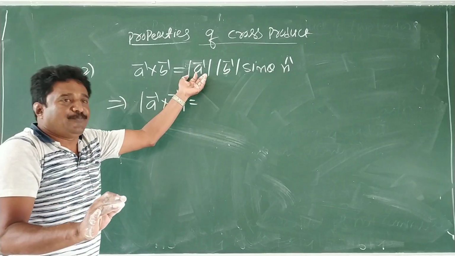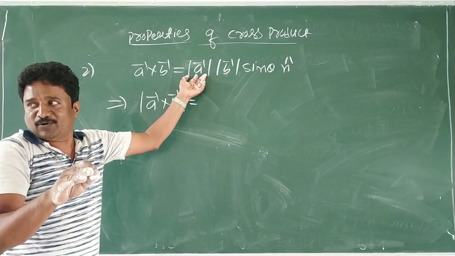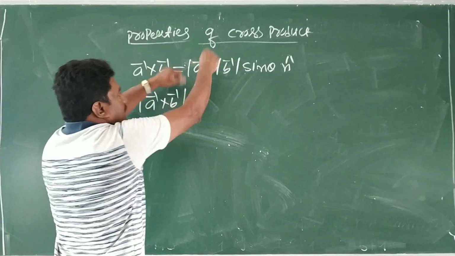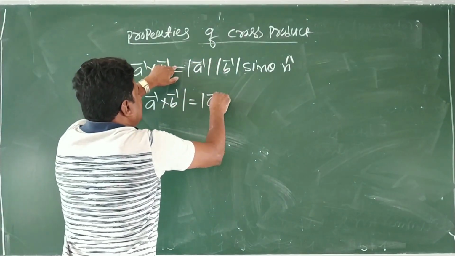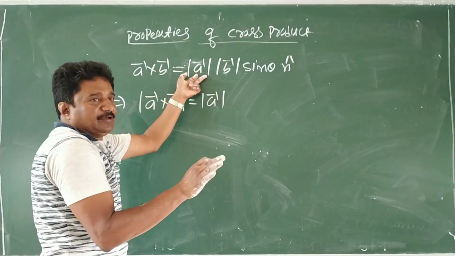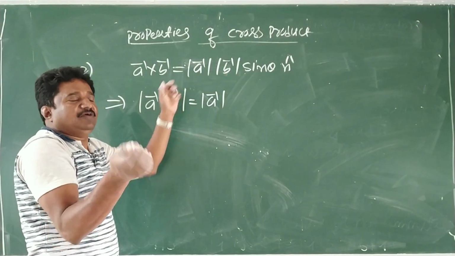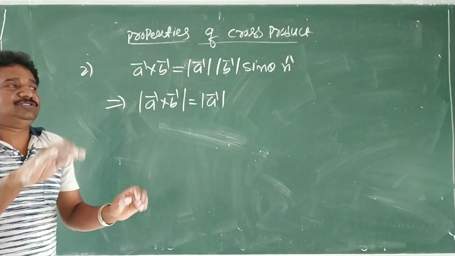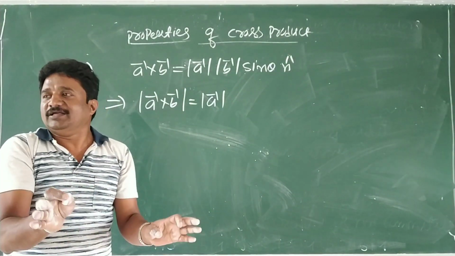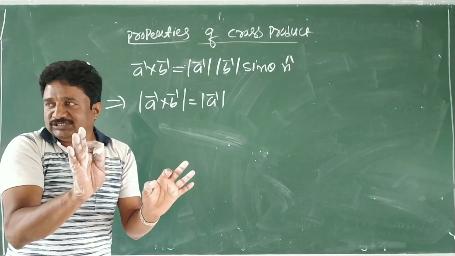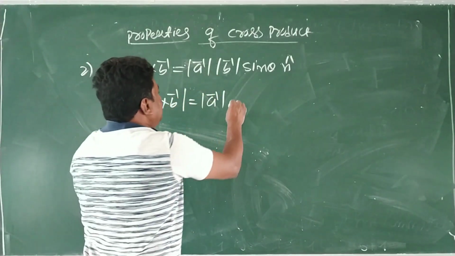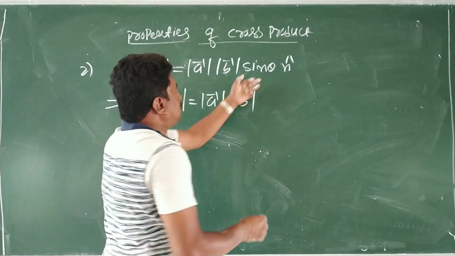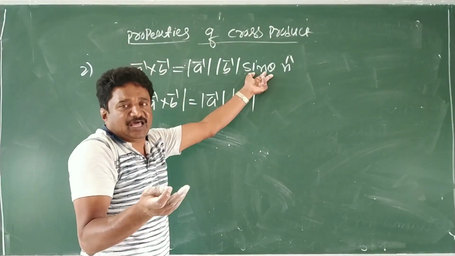No. Mod of mod A means mod A only. Need not write double mod for the length of the vector A, because length of length means length only. Whatever it is, if you measure the same thing 10 times, you will get that one only. It won't change, right? So next, length of B. Sin theta. Sin theta is a scalar quantity.